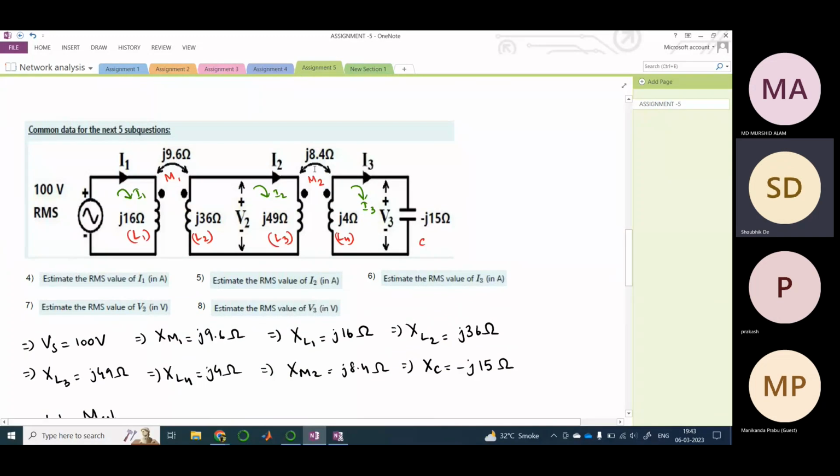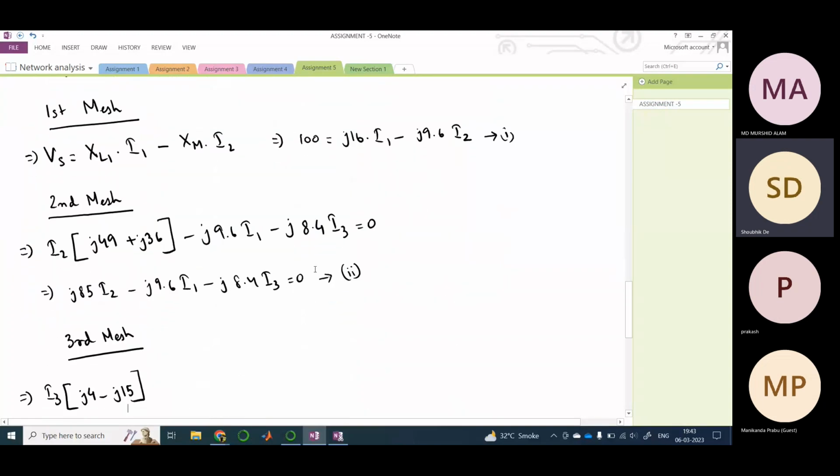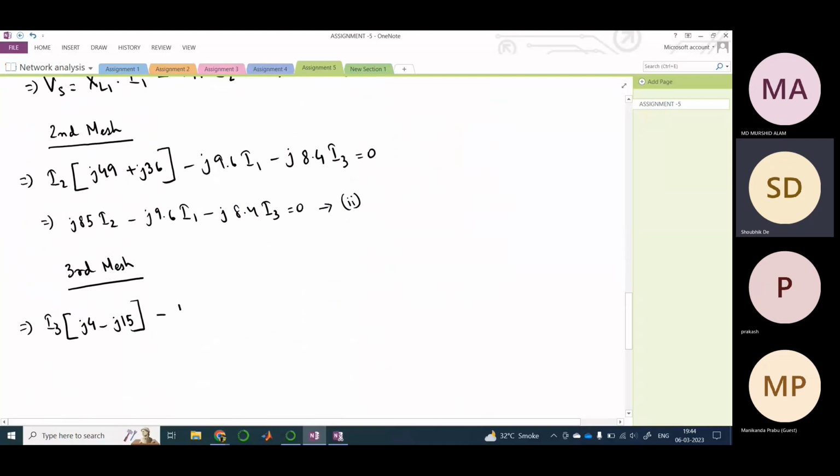So this would be minus J8.4 for I2. Why minus? Because the current through the inductor is entering the negative of J4 L4, and I2 is entering through the positive of J49. So this is minus I2 J8.4, and this is 0. So this would be minus J11 I3 minus I2 J8.4.